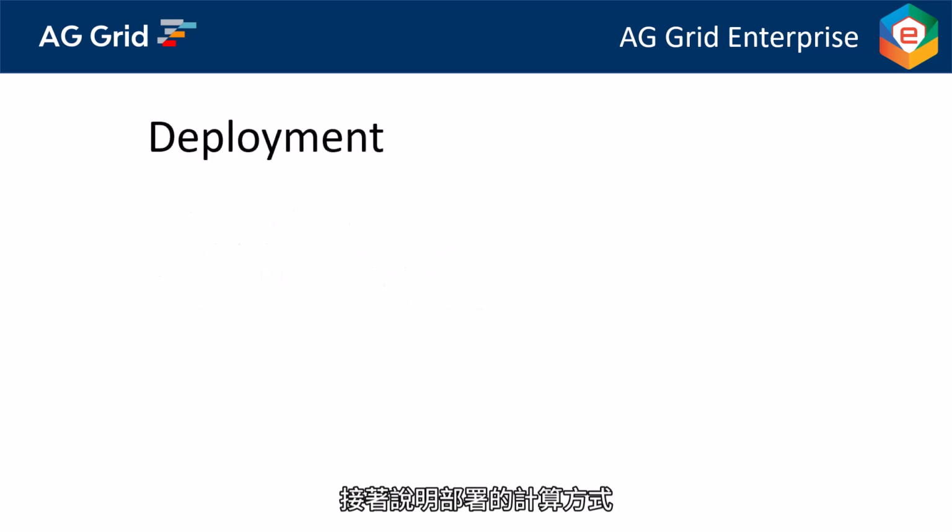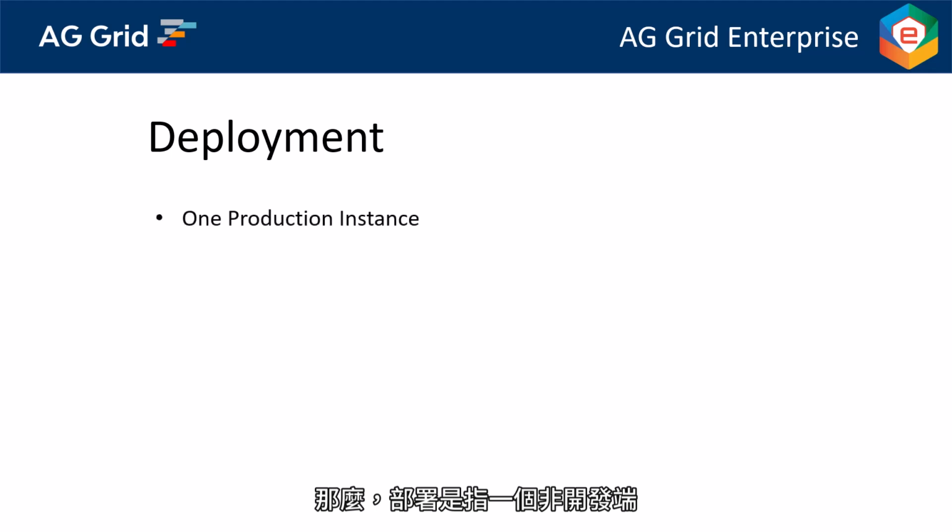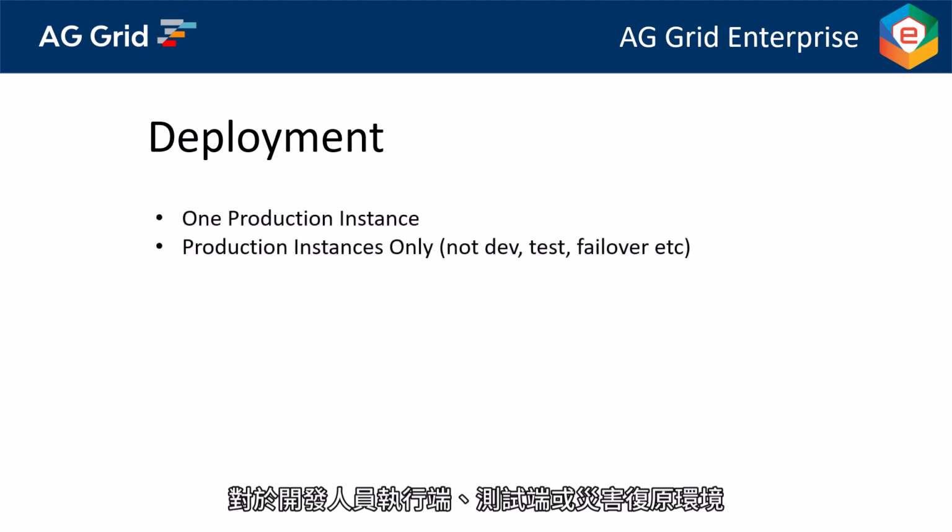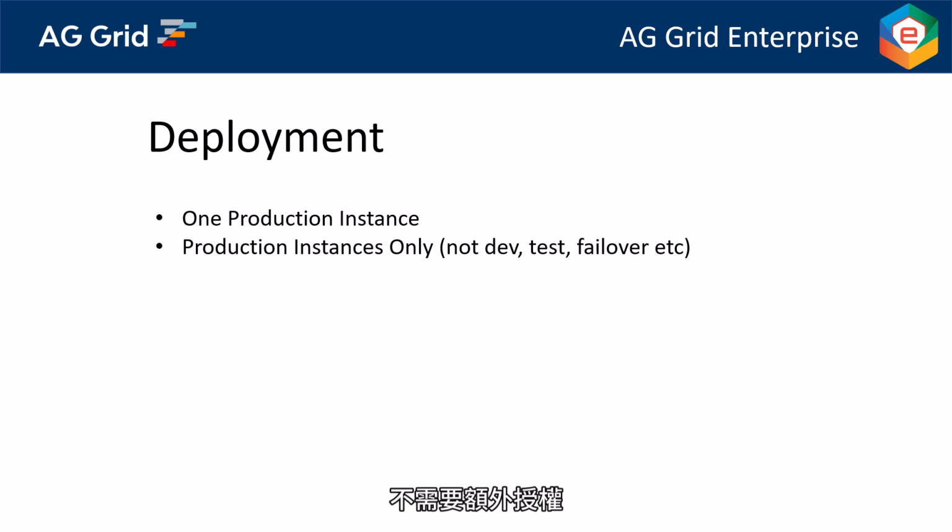What counts as one deployment? Well, a deployment is one production instance. We do not require separate licensing for developer instances, for testing instances, or even disaster recovery environments. It's just your live production environments that you need to get a license for.